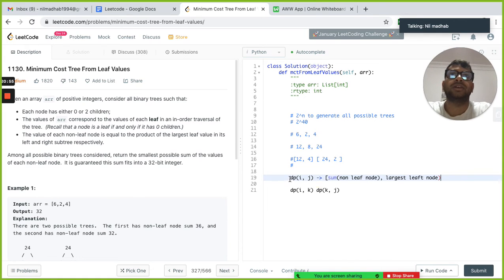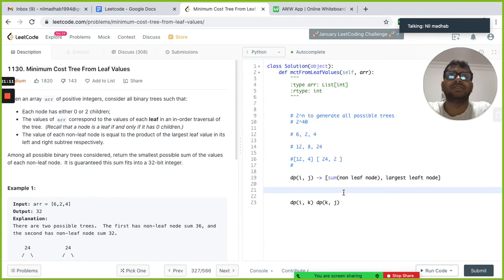Like dp of ij should contain two pieces of information. One will be the sum of non-leaf node and one is the largest leaf node. If dp of ij contains that, we can calculate it like this.